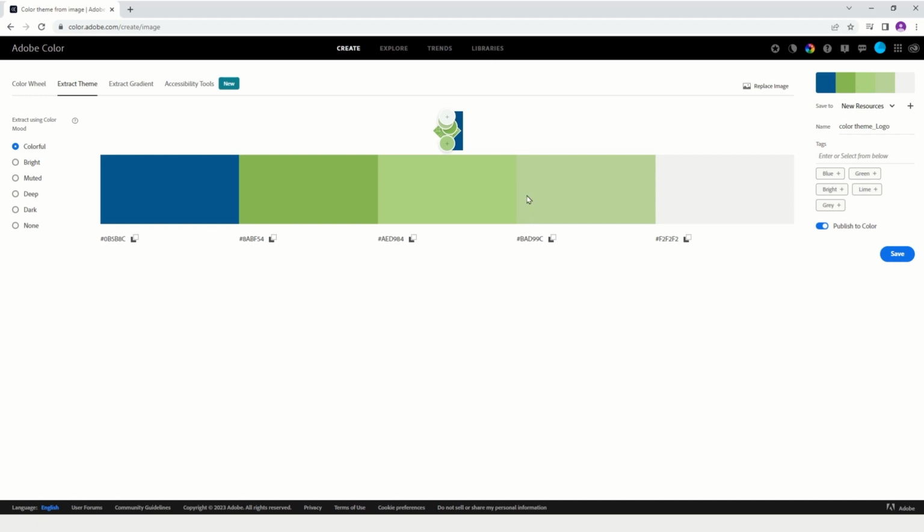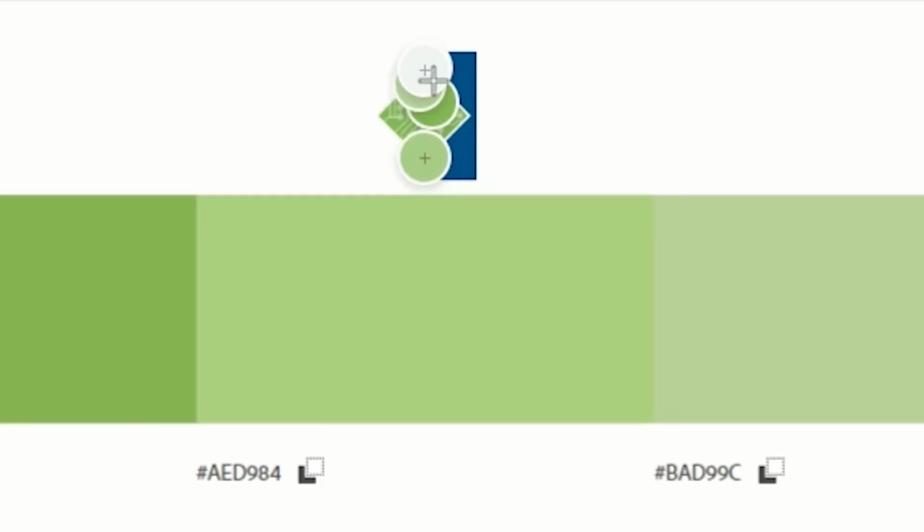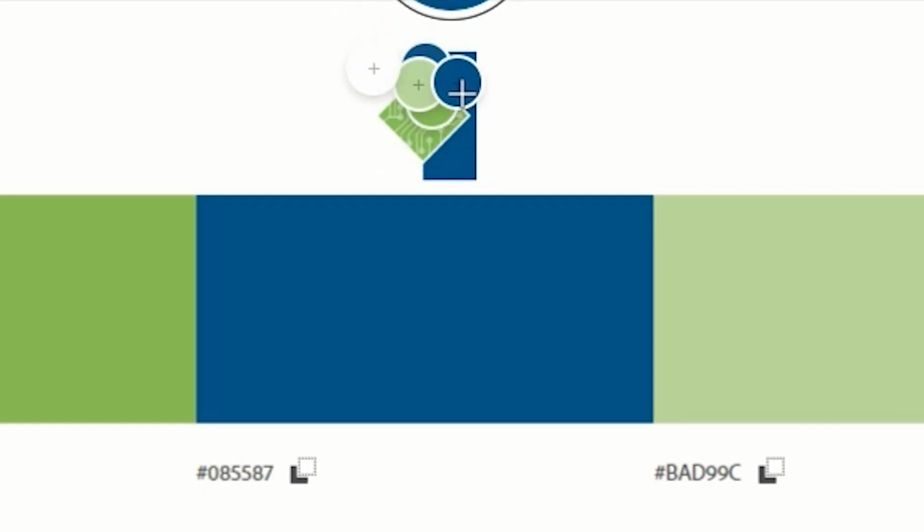Now this may be very close, it may not be exact. You can see the image up above. You can move the little circles around to refine your selections. And before you know it, you will end up with a good set of color options.